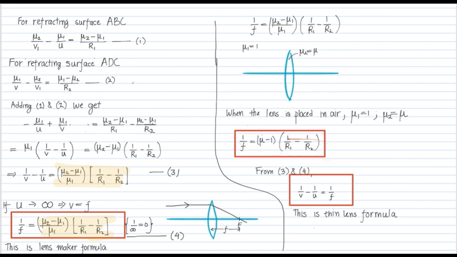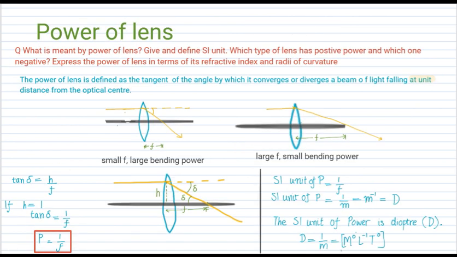So let's substitute this formula in the power of a lens. Here mu is the refractive index, and R1 and R2 are the radii of curvature. So this is the formula for power of a lens.